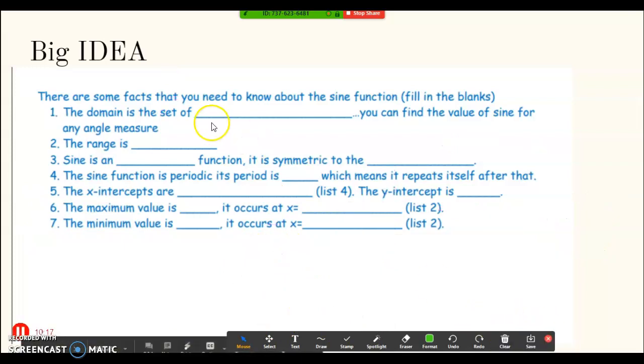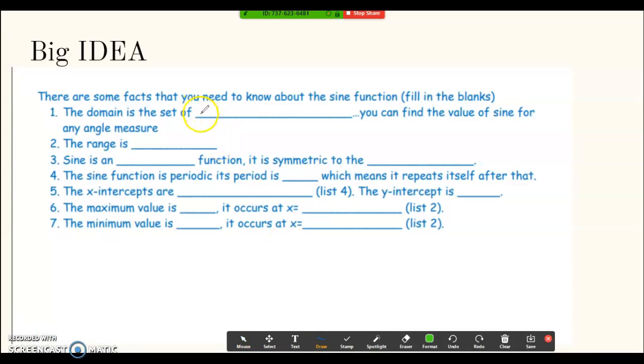All right, so let's look at some characteristics of this graph of sine of x. Some of the characteristics that we need to know is what the domain is. Remember, the domain of sine of x is all of the x values, and it was periodic, so it's going to continue to do the same thing over and over again.